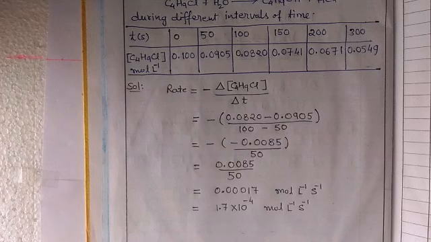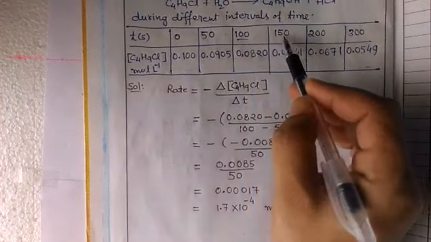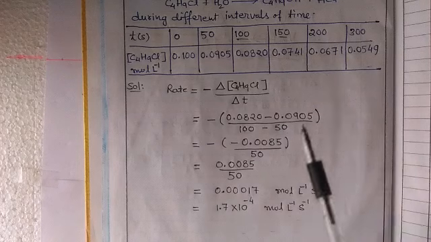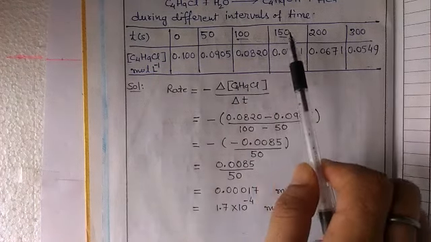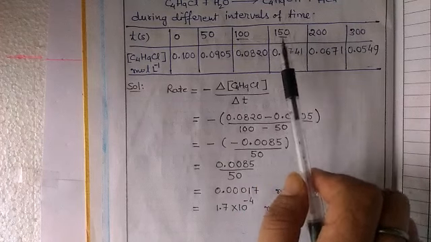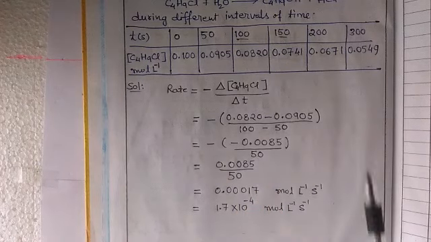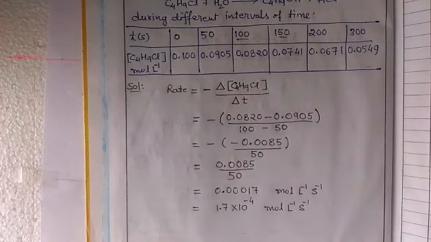Now let's practice one more. So next we are going to take these two values. We are going to find the average rate of reaction for this particular reaction between 100 to 150 seconds. So this is final time, this is initial time, this is final concentration, and this is initial concentration for the same reaction.